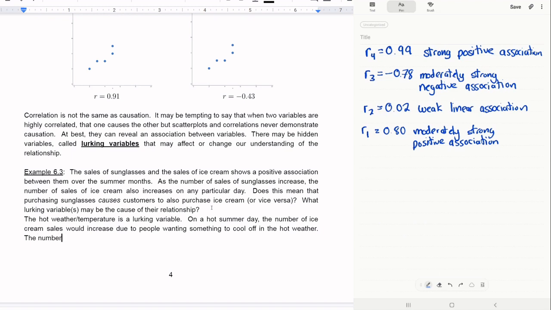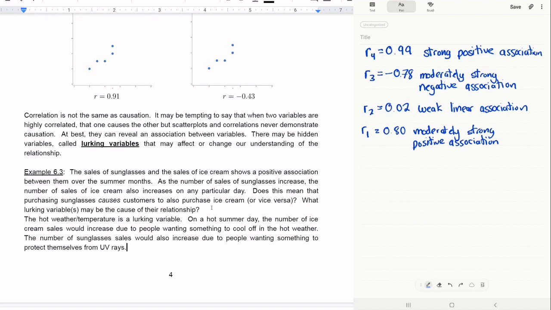The number of sunglasses sales would also increase due to people wanting something to protect themselves from the UV rays.